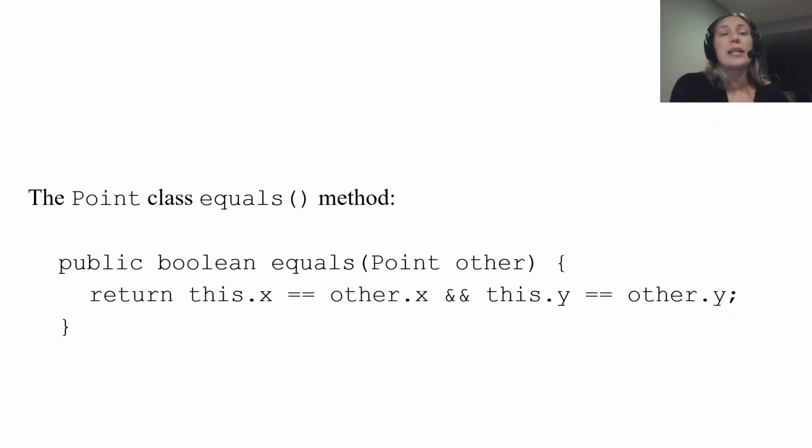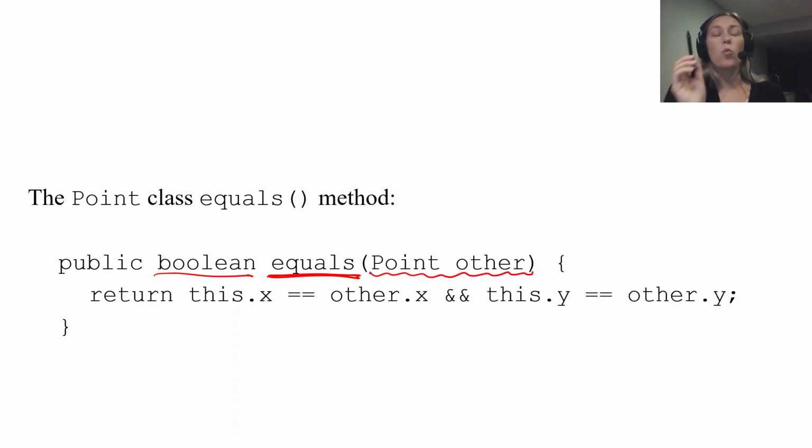In order to properly override our all-knowing superclass, it has to return a boolean, and it has to be called equals. Then in parentheses, it accepts one Object. In this case, we're going to accept a Point object, and we're going to call it other.